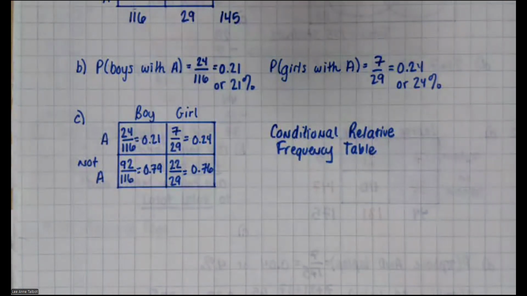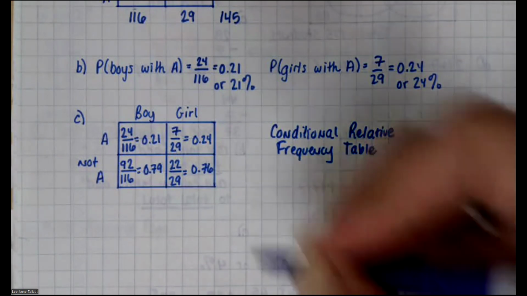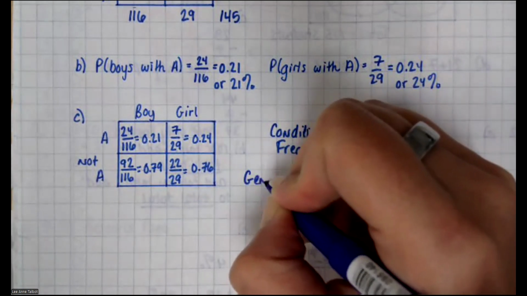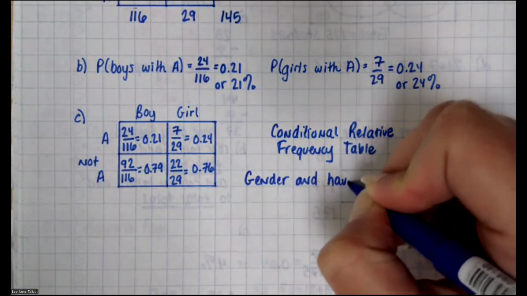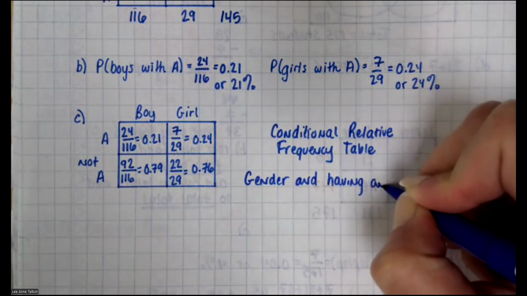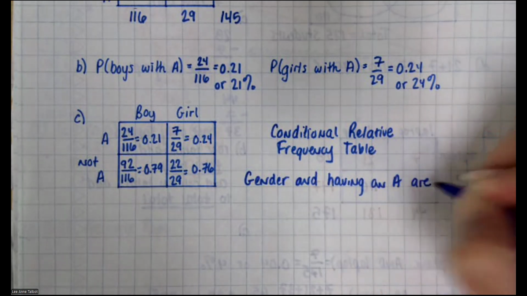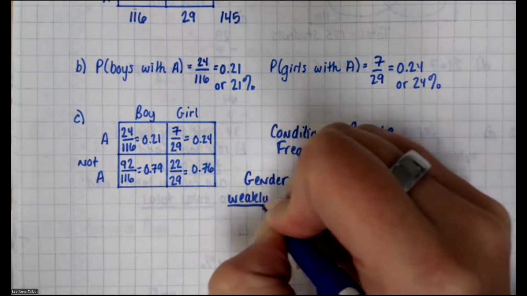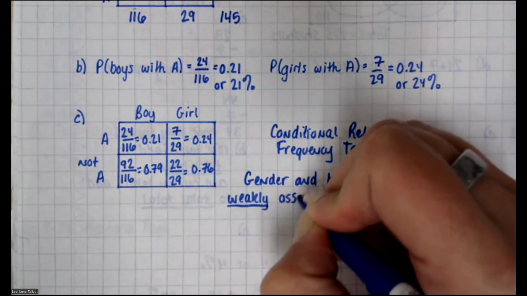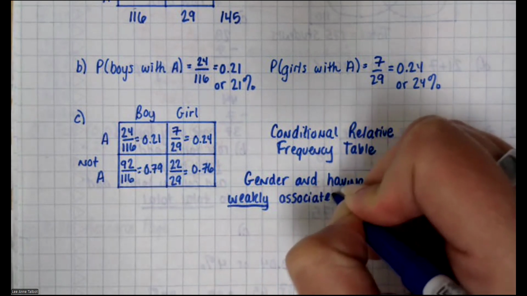And we would say, this is the last one we're gonna write. Gender and having an A are weakly associated.